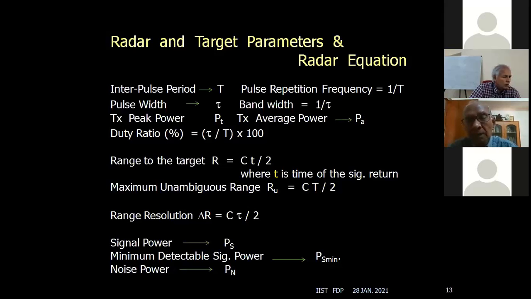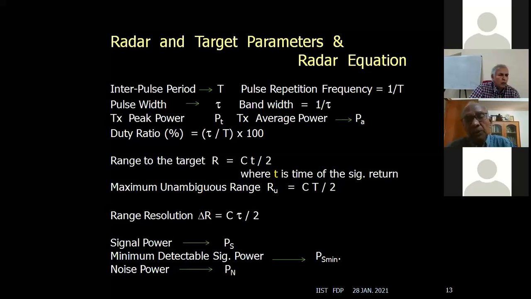With respect to that ground pulse, you measure the reflected pulse from the target, the time duration T. So the range is CT over 2. The 2 comes because it is a two-way path. The radio wave goes up to the target and comes back, so the path is 2R. 2R is equal to CT, so R is equal to CT over 2.